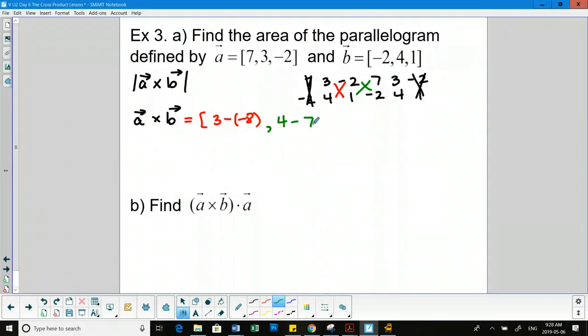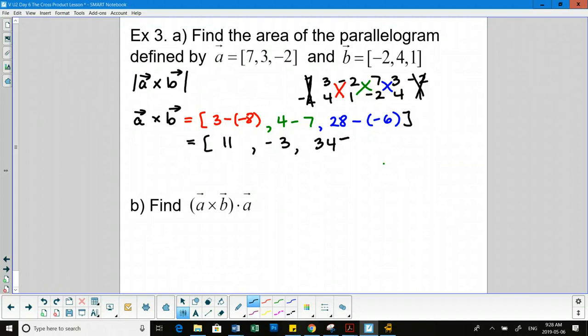And then 7 times 1 is 7. And then 7 times 4, 28, minus 3 times negative 2, negative 6. So we get our vector 11, negative 3, and positive 34.